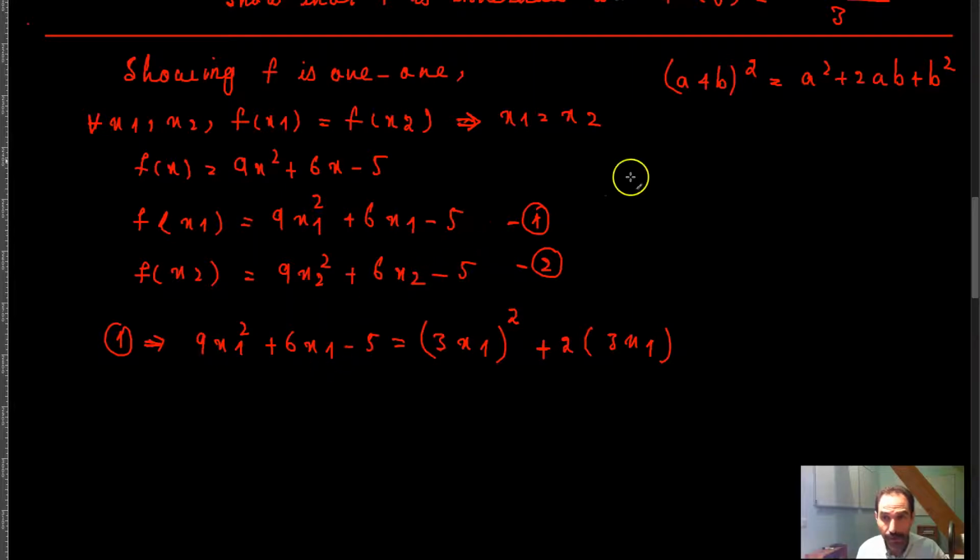So from this expression I want to create what you can see over here. Out of 9x1 squared, I write 3 times x1 whole squared. Now 3 times x1 becomes a, and that becomes a squared, and then I need a 2 over here, and I have to multiply it by a 1 by a, which happens to be 3 times x1.